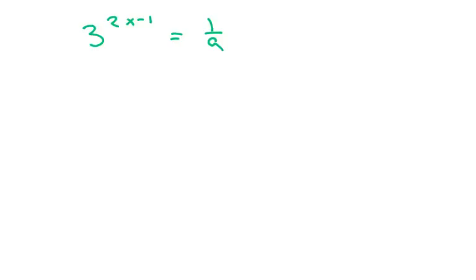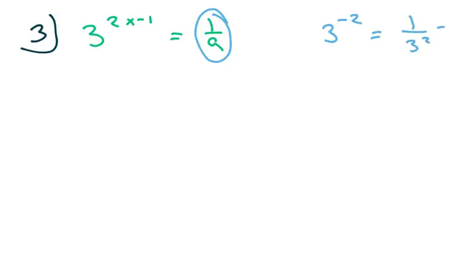So basically, this is number 3. I want the bases to be the same. So what I'm going to do is change this to 3 to the negative 2. Because 3 to the negative 2 equals 1 over 3 squared, which equals 1 over 9. Don't forget your inverse properties.